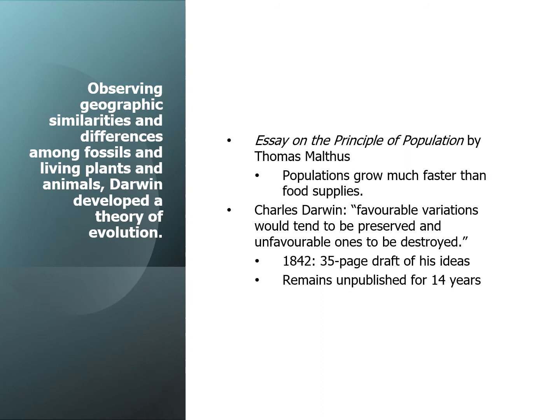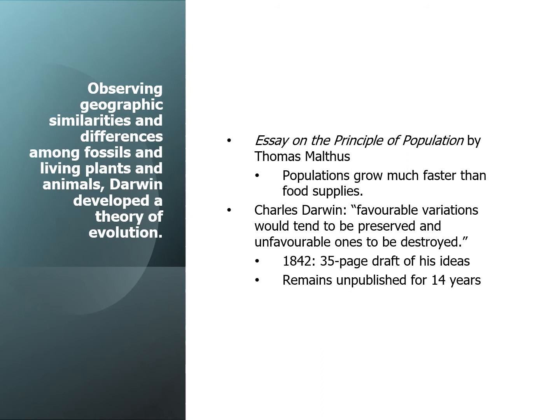Darwin was just reading the book for fun, for entertainment purposes, which, you'd look at that and think, that's not a very light read, but he was reading it for fun and it sparked some ideas. Darwin ended up saying that favorable variations would tend to be preserved and unfavorable ones would be destroyed, which is very much a very loose definition of evolution.